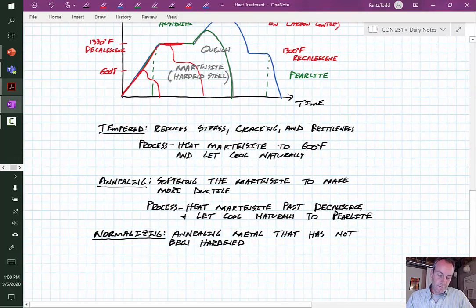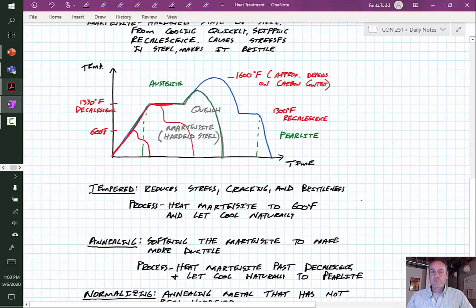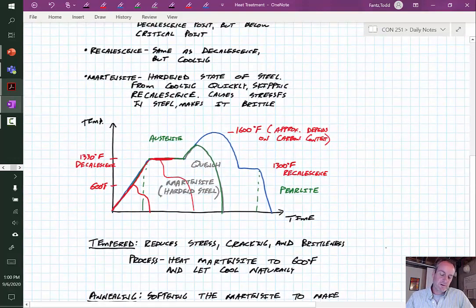So as a quick little review, as far as the heat treatment process, what we're doing is we're heating our metal past this particular point, this decalescence point. We're letting it sit there for a period of time while all these molecules are reforming. Then after we get up and we're starting to increase our temperature a little bit more, we quench it.